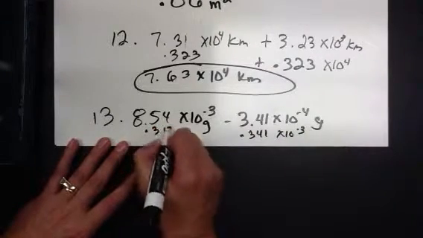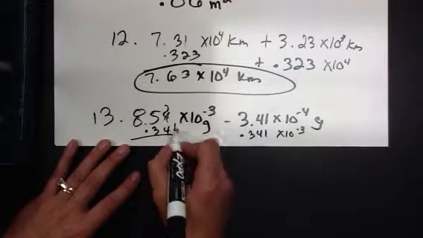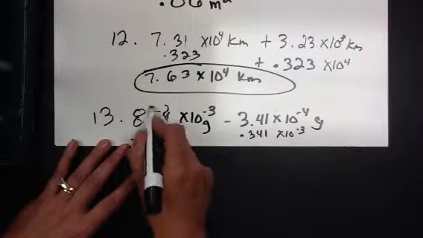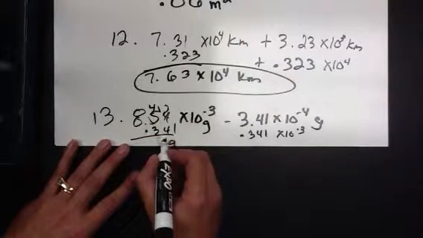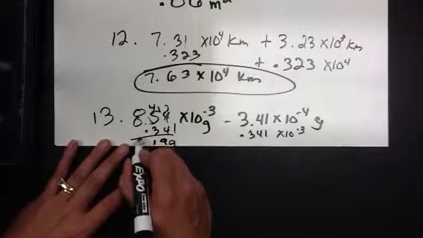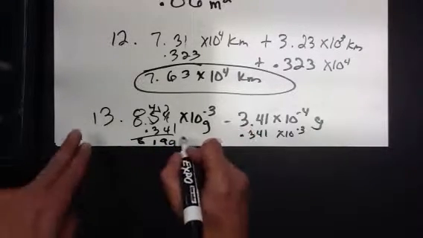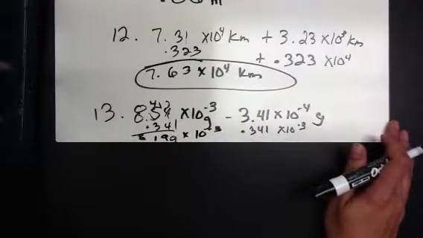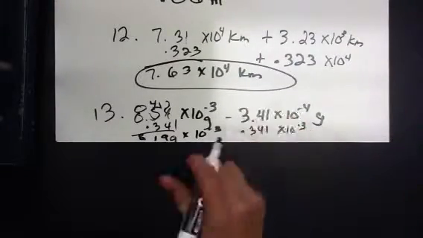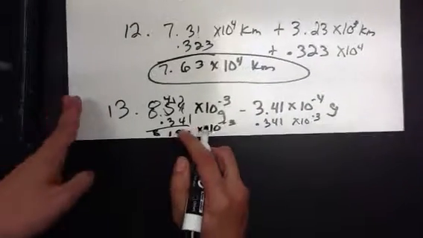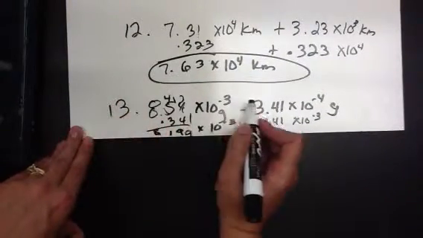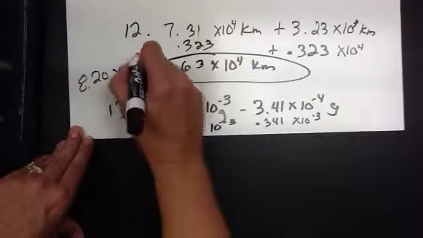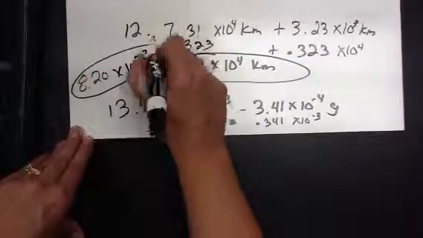If I subtract that off, I'm going to get 8.1918 times 10 to the negative third. Should have used my calculator. So what we're looking at for this is at least 2 places after the decimal. So I'm coming to right here, but this 9 bumps it up. So I'm going to end up with 8.20 times 10 to the negative third grams. And that is the answer for number 13.